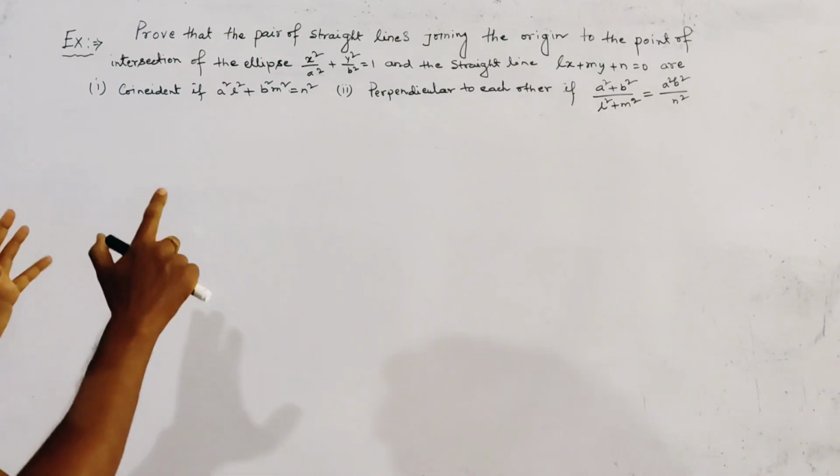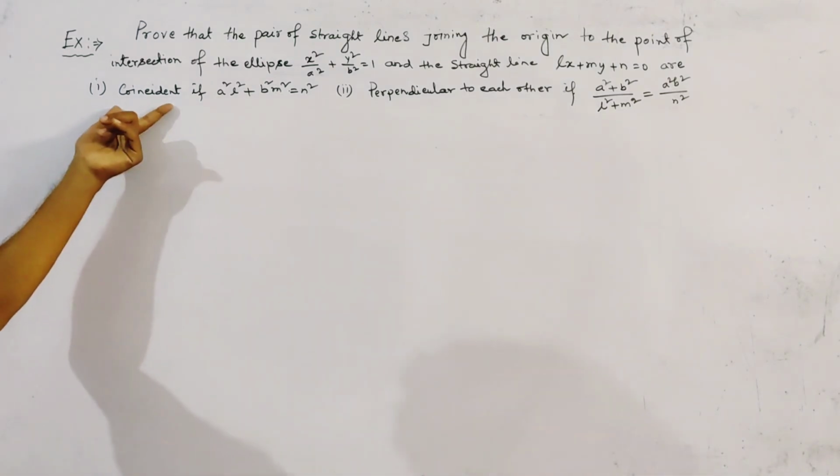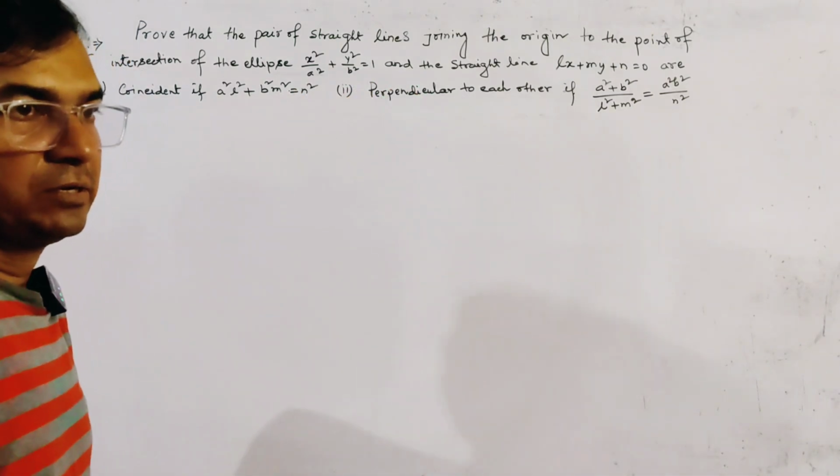We have to prove two relations, for coincident and for perpendicular.